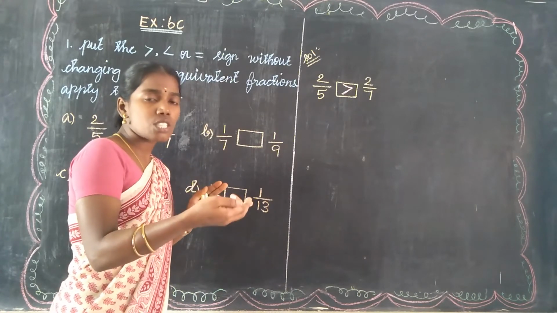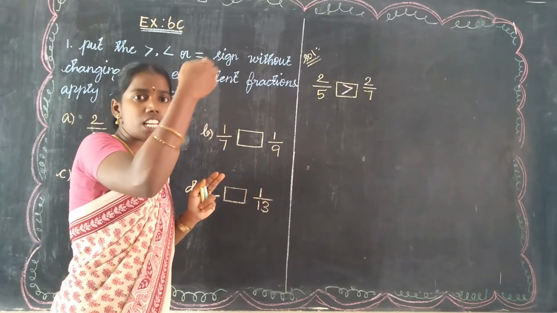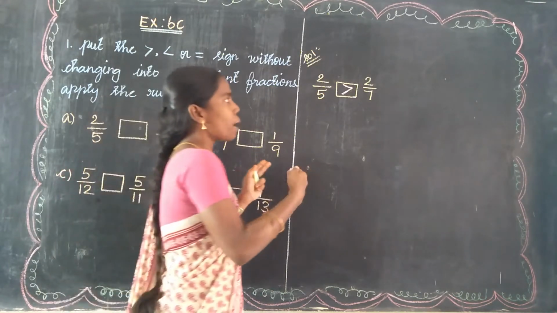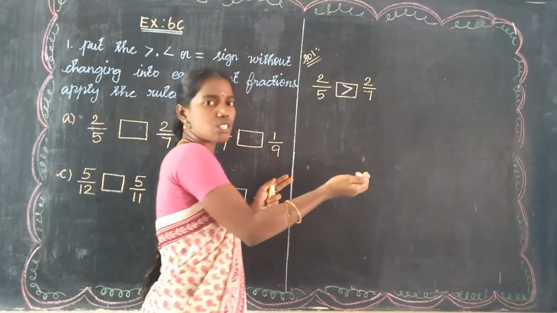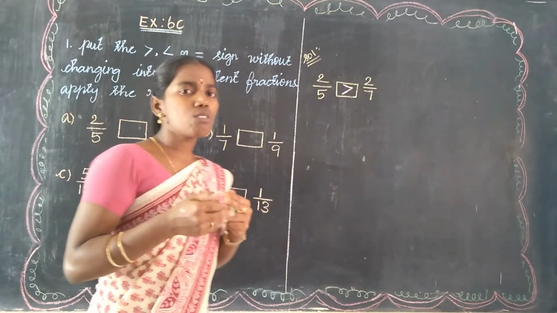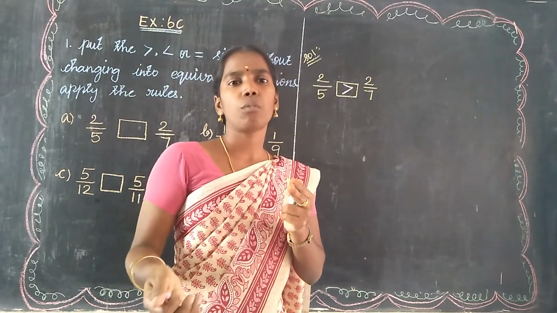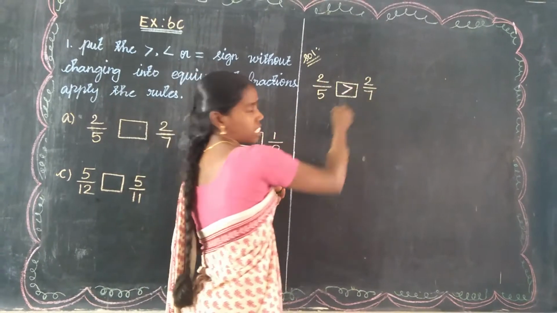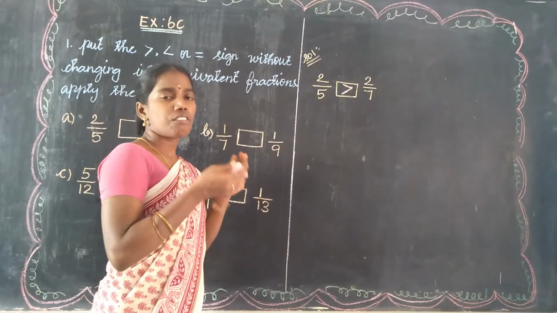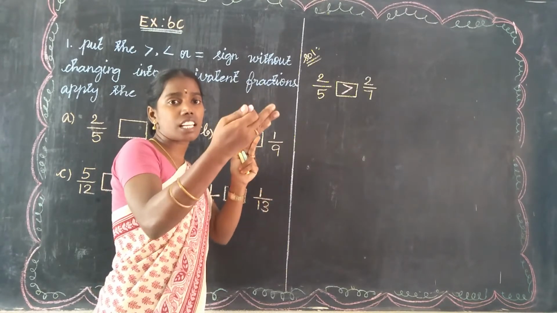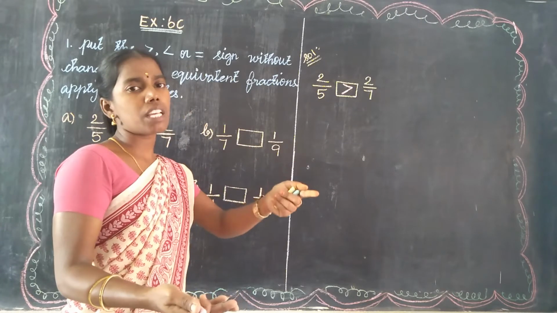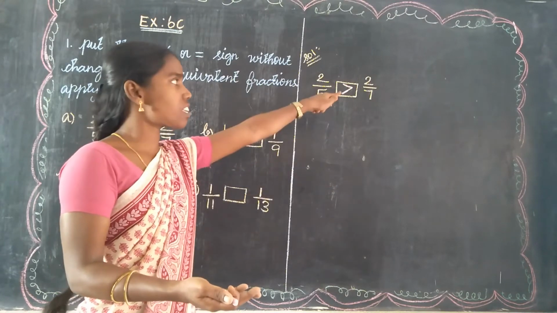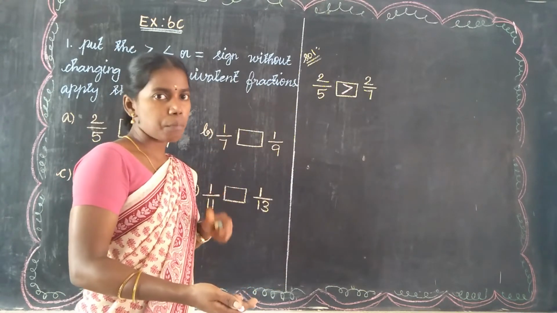If the denominator is higher in a fraction, its value keeps reducing. So when comparing 5 and 7, 7 is the greatest denominator, but in fractions its value decreases, so the symbol changes. So 2 by 5 is the greater fraction.